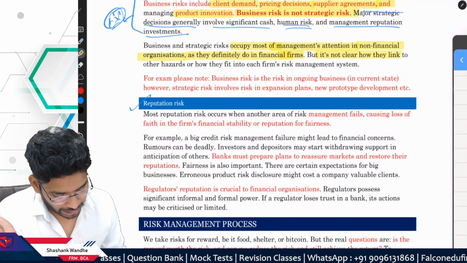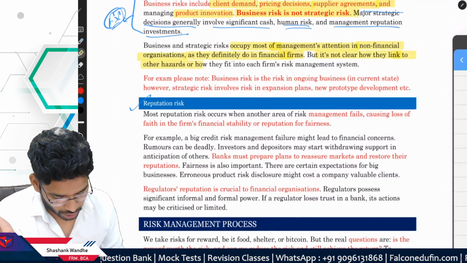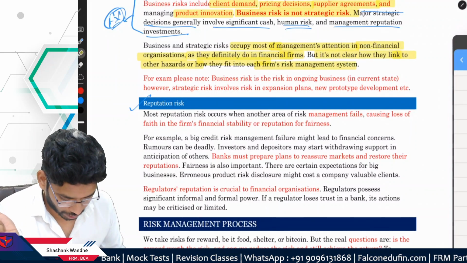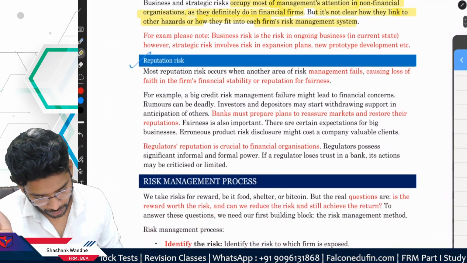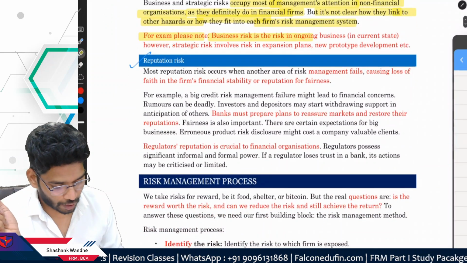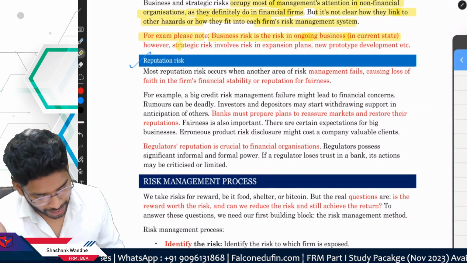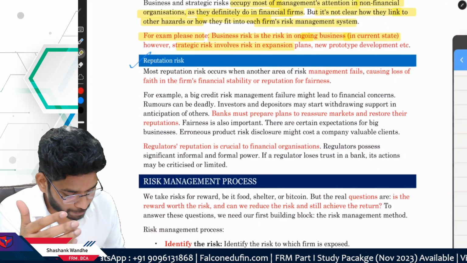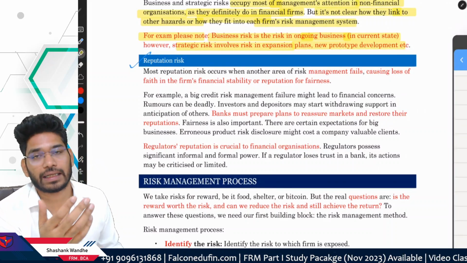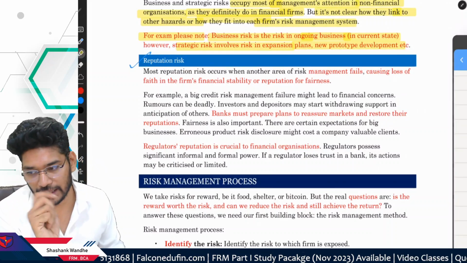But it is not clear how they link to other hazards or how they fit into each firm's risk management system. For example, please note business risk is the risk in ongoing business in its current state. However, strategic risk involves the risk in expansion plans, new prototype development, etc. Very important for your exam. Please note it down.